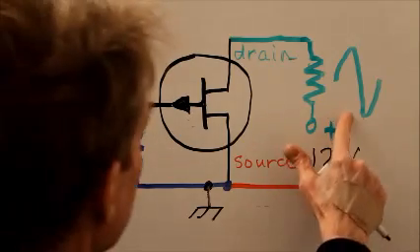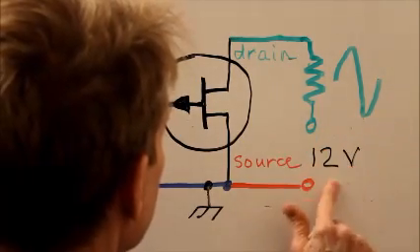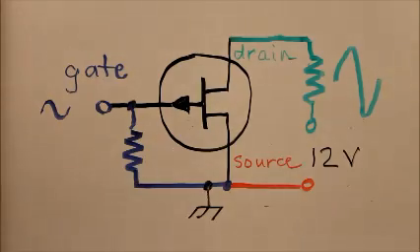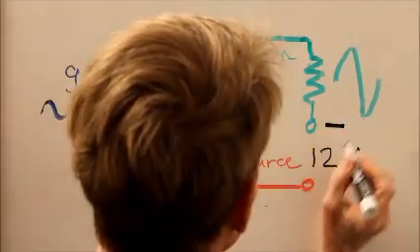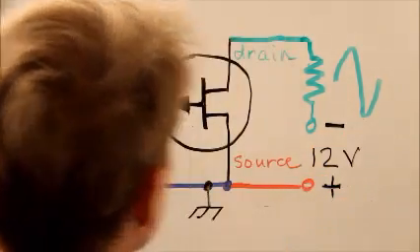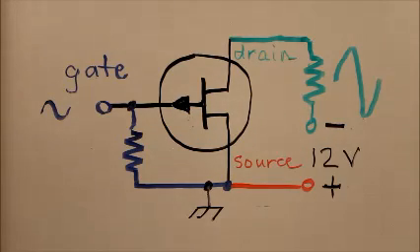The answer to this question is that we simply reverse the polarity of the power supply. It's very much like the difference between a PNP bipolar transistor circuit and an NPN bipolar transistor circuit.